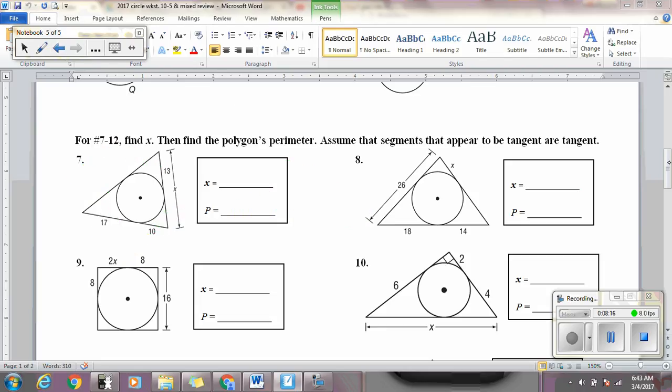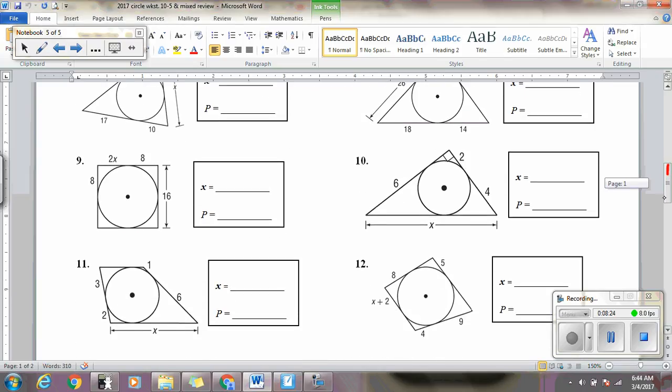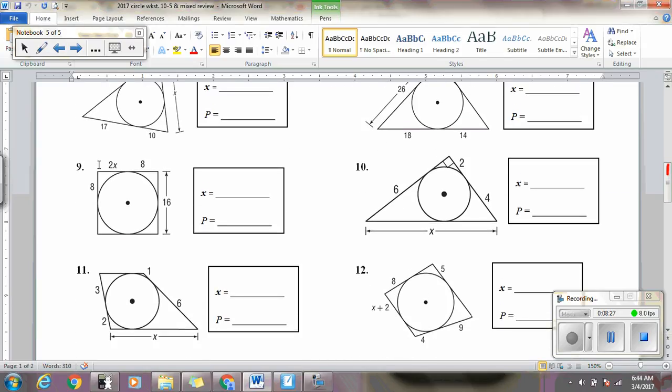For number 9, same idea. Find x and find the perimeter of the outer figure, which appears to be a square, but we cannot assume that it's a square. But we do know it's a quadrilateral. So this piece is congruent with this piece, which means that 2x is equal to 8.